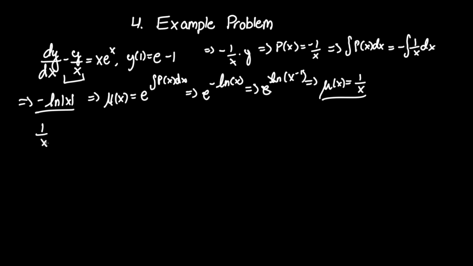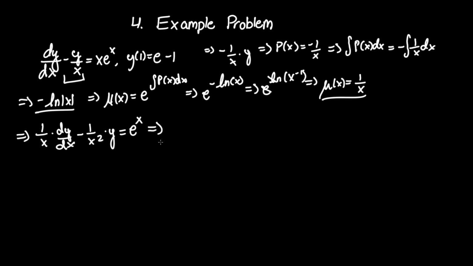So 1 over x times dy dx minus 1 over x squared, because negative 1 over x times 1 over x is just negative 1 over x squared, times y equals, if we multiply x times e to the power of x times 1 over x, the 1 over x and x cancel, so that all that equals is e to the power of x. So that step is now done.